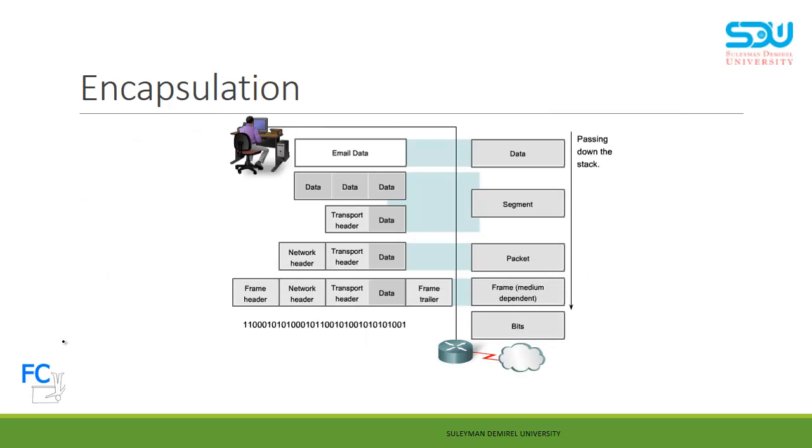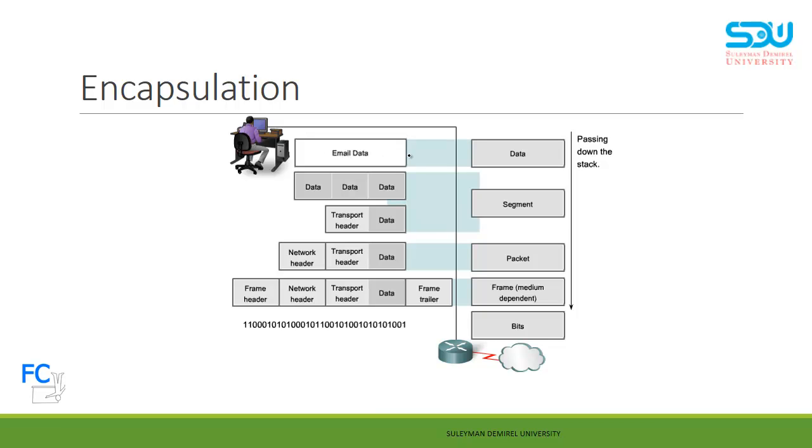So when your data is traveling from one computer to another, before your computer is able to send this data, it has to pass through the encapsulation process. And here we have a small example showing the encapsulation process. In this example, we have a person who is sending email data.